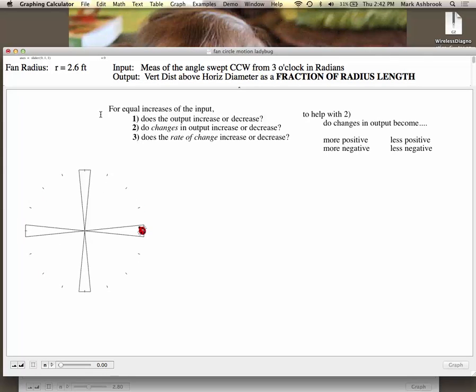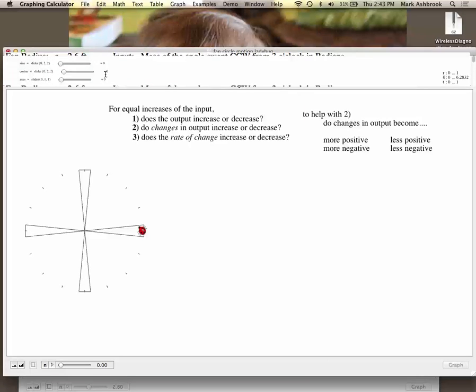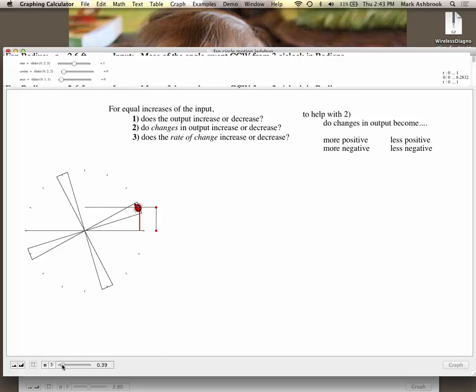Okay, so here we go. Let's do it fast. First change in x, first pi over 8, or first change in input. What happened to the vertical distance above the horizontal diameter? Increase or decrease? It increases, and I'm showing you the amount of increase right here.